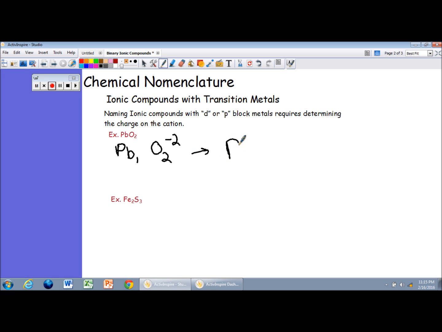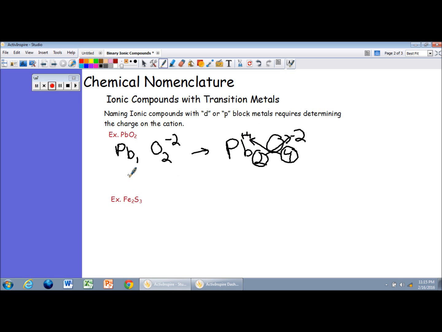So I'm going to rewrite this as Pb2O4. This way, when I uncross, oxygen will have its -2 charge, and now when I go to uncross the subscript with the oxygen, I'll get a +4 charge.